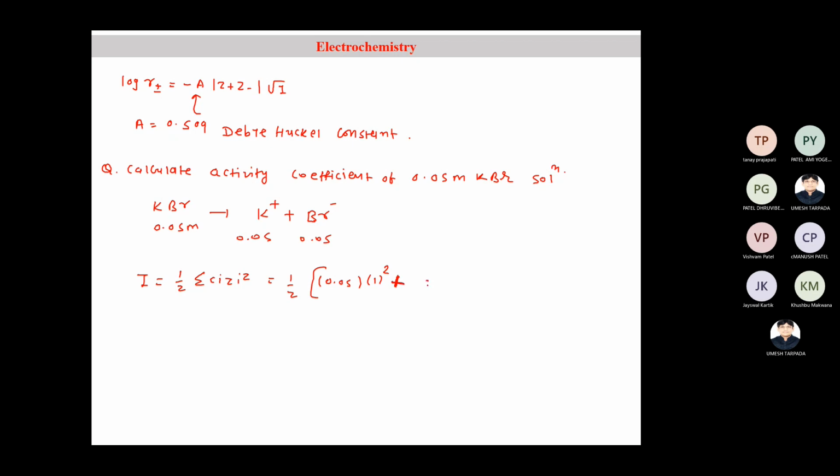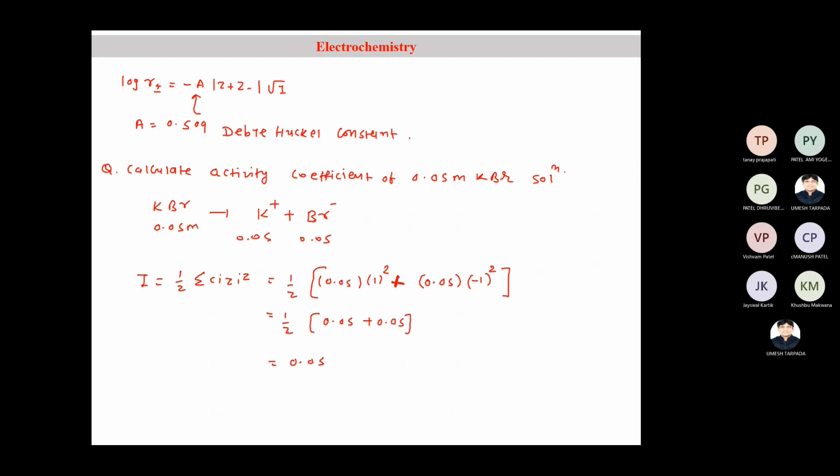Then next, Br minus concentration is 0.05 and its charge is -1, squared. So it becomes 1/2 of 0.05 plus 0.05, so your answer becomes 0.05. This is the ionic strength.